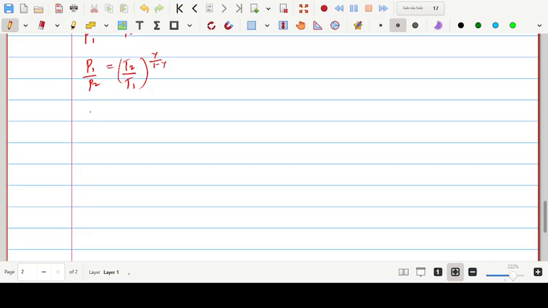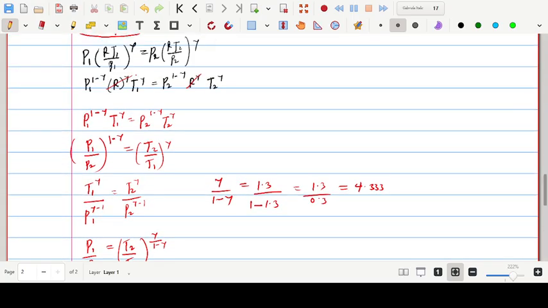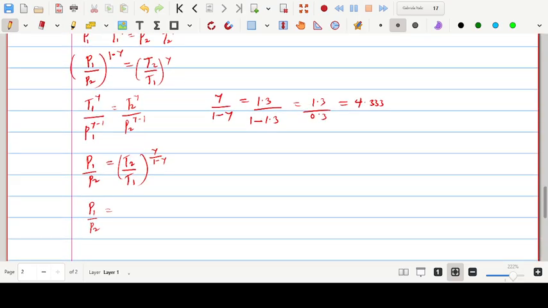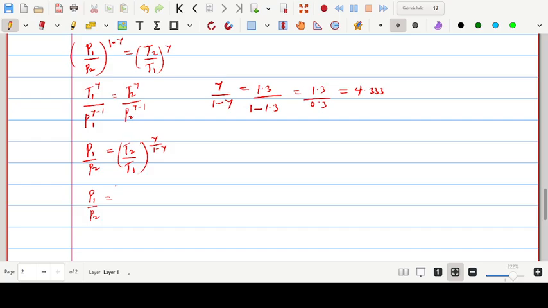So here we have P1 over P2 equals T2 over T1 raised to power gamma over 1 minus gamma. We've calculated T2, which is 460, so I can use 460 directly. 460 over T1, which is 510, raised to power 4.333.